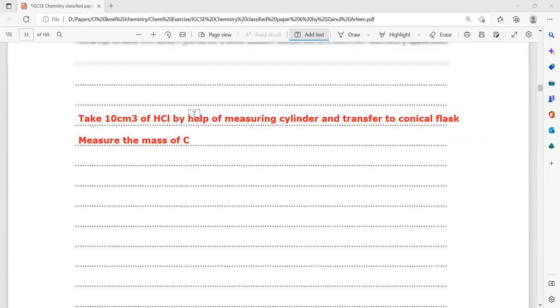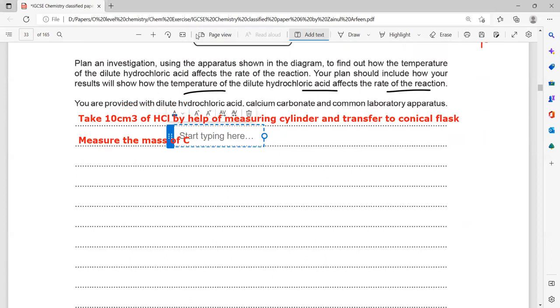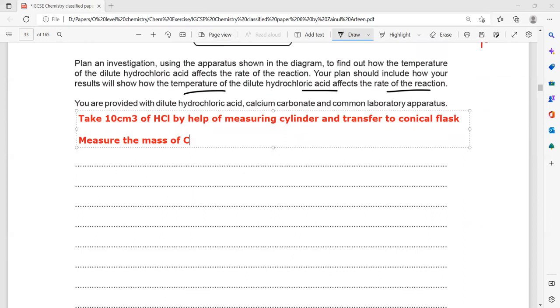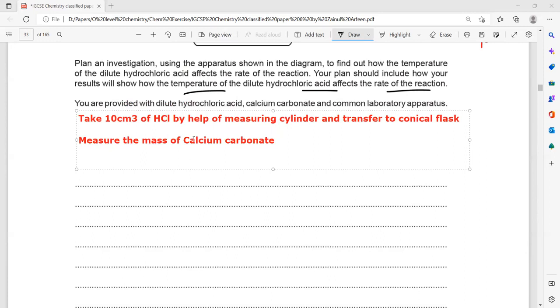So measure the mass of calcium carbonate, or take a known mass of calcium carbonate, and add it to the conical flask.